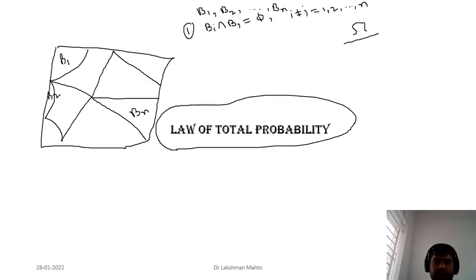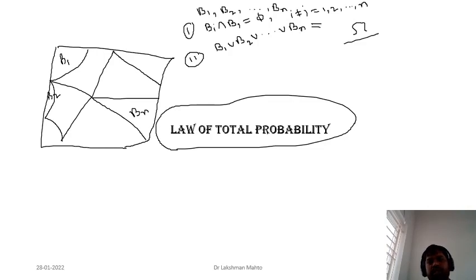Second property: these events happen to be collectively exhaustive. That means if you take the union of all these members of the partition, B1 union B2 union, up to Bn, it is equal to the complete sample space.